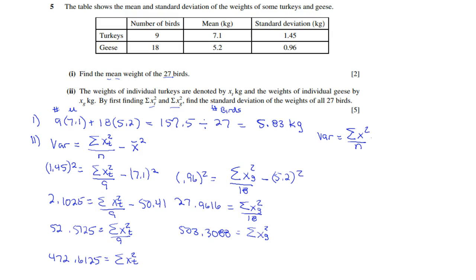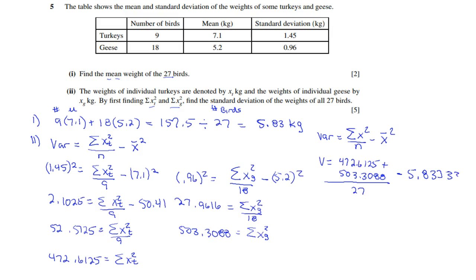Now I've got the x squares of the geese and the x squares of the turkeys. If I add those together and then divide by the total number of birds, I'm going to have a total x squared. So in this case, I'm going to take the 472 and add it to the 503, and divide by the total number of birds, which is 27. And then I'm going to subtract the average of all the birds, which they made us figure out first, 5.8333.